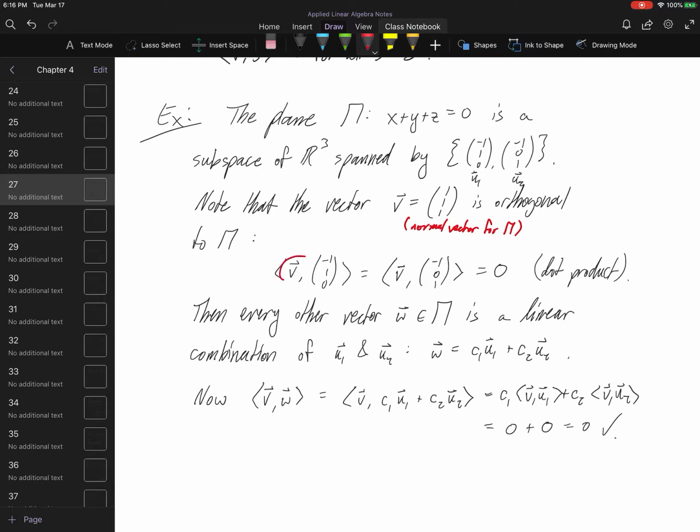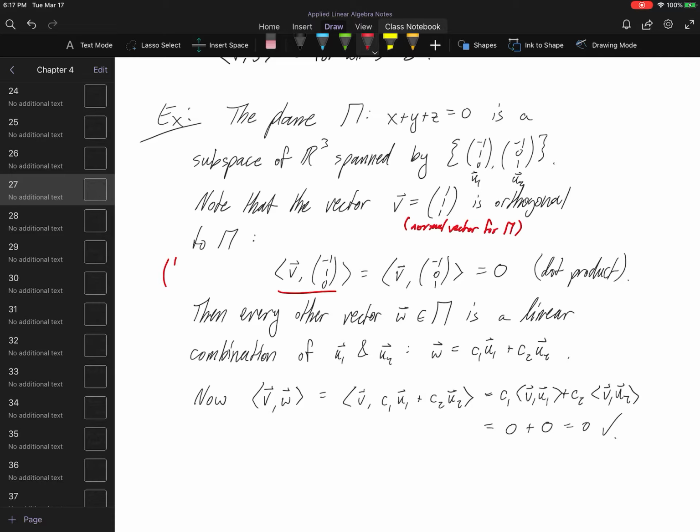You can check if the vector v is orthogonal to both elements here. It's orthogonal to u1 and it's orthogonal to u2, then we can say that it's going to be orthogonal to any vector that is in that plane, due to the following argument.